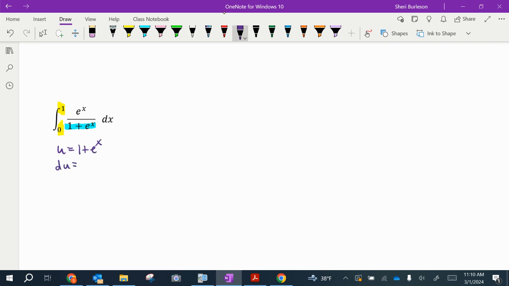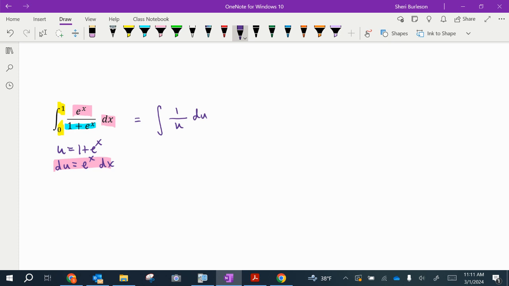So du, derivative of 1 is 0, derivative of e to the x is e to the x dx. So what I see right here is that my du is right there. So I'm going to deal with that first. So my integral now is 1 over u du.